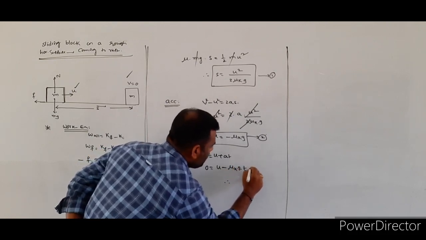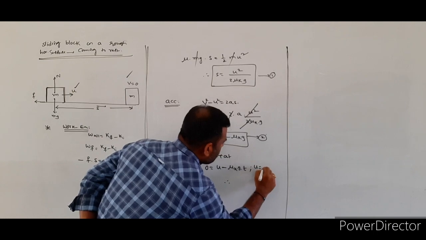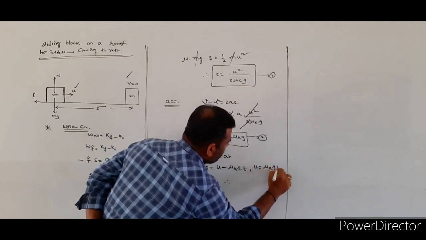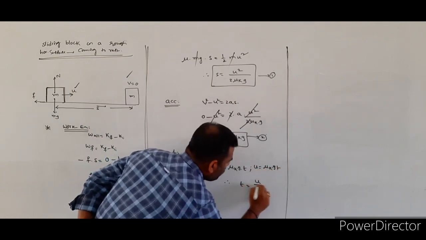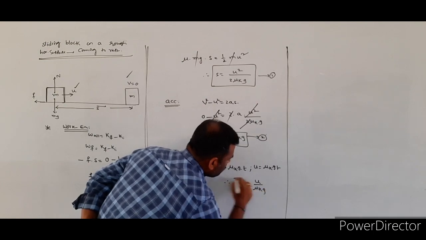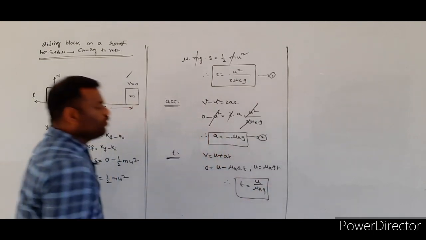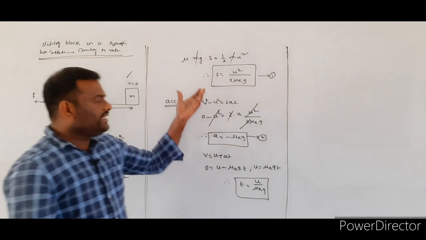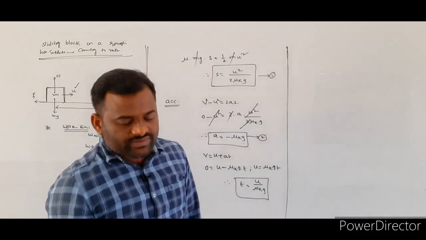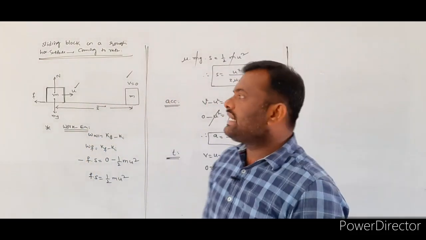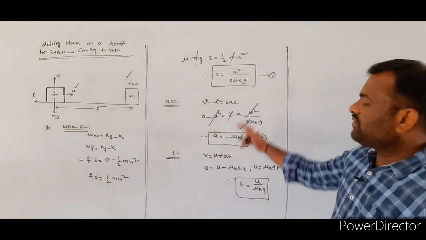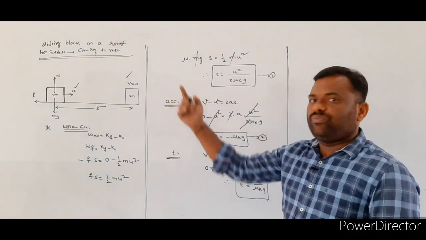Therefore, u is equal to mu k into g into t, so t is equal to u by mu k into g. So, these are the required equations for the displacement, acceleration as well as time taken by the block to come to rest. This is the important topic.